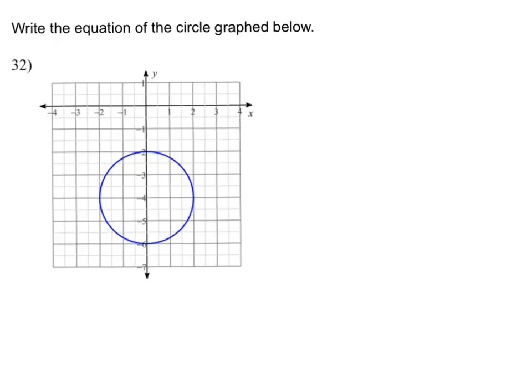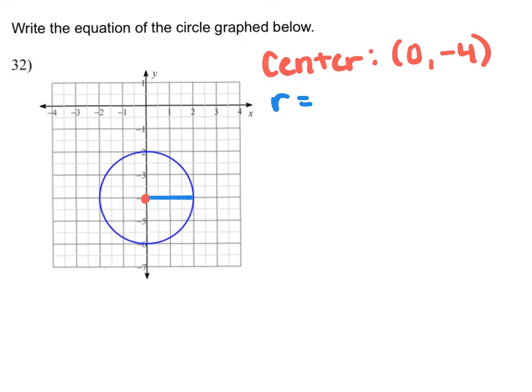For the next example, the first thing we identify is the center and the radius. Looking at the graph, the center would be located where I put my mark, so it would be at 0, negative 4, and the radius, or the distance from the center to the edge of the circle, would be 2.